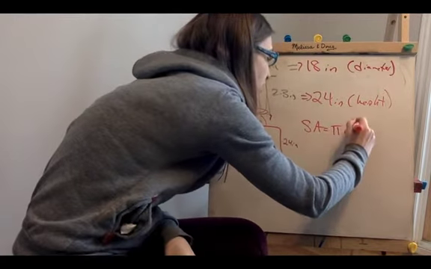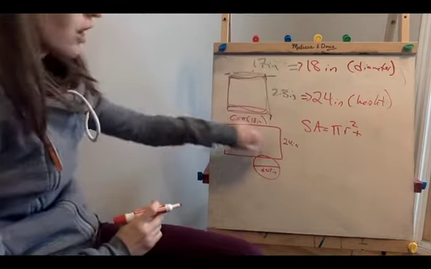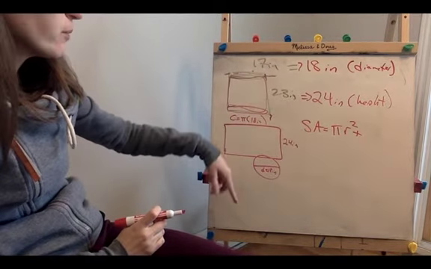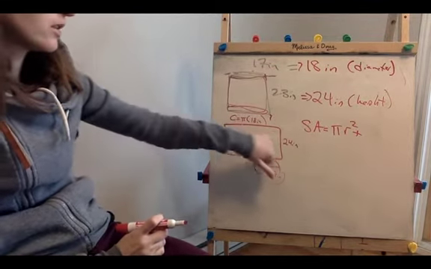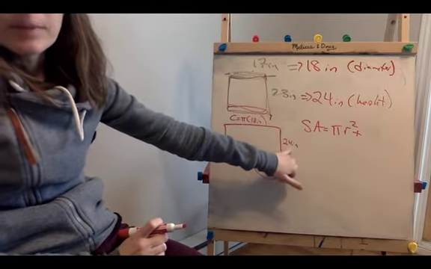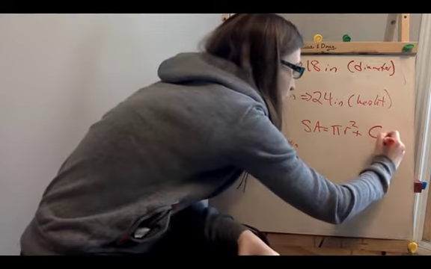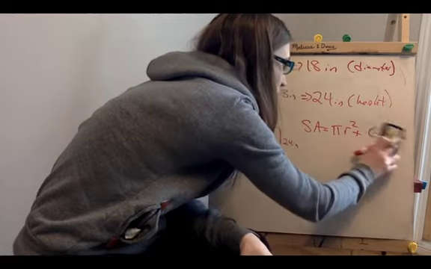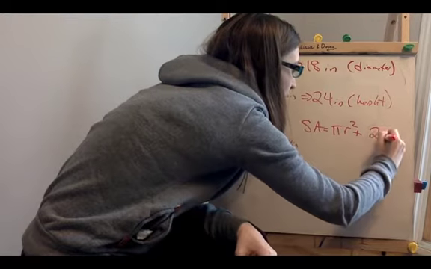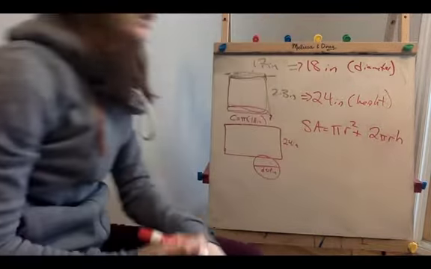So it'd be pi r squared plus our circumference times our height, or 2 times pi times the radius, or the circumference times the height. Right, so I can say circumference times height, or we can just call it circumference, which is 2 pi r times the height there.